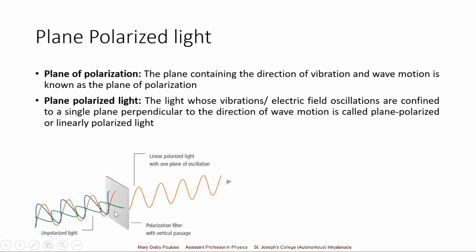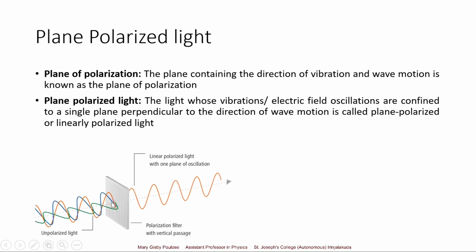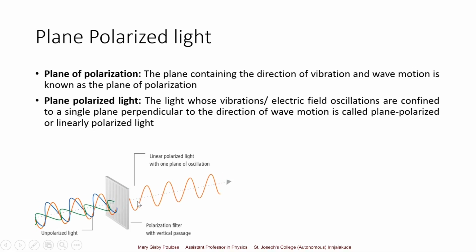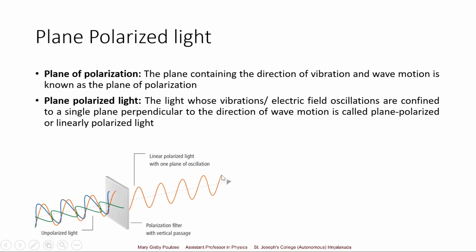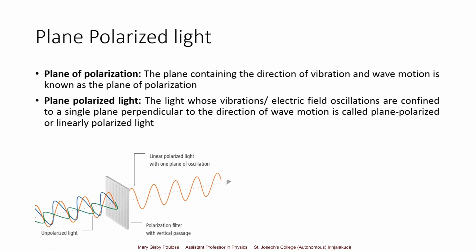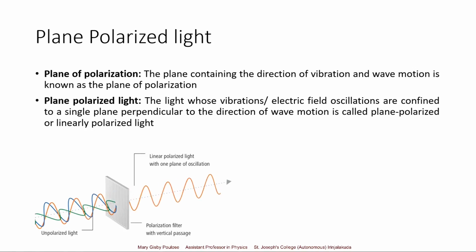This polarizer will allow only those polarizations or only those electric field vectors that are parallel to the transmission axis. And hence we can see only that electric field vector is passing through. Hence, we can say that the electric field vectors are confined to the XY plane and we get linearly polarized light.